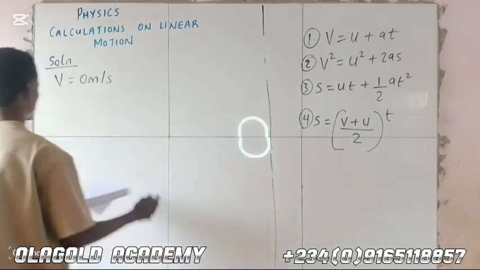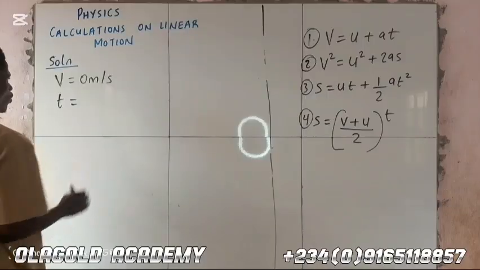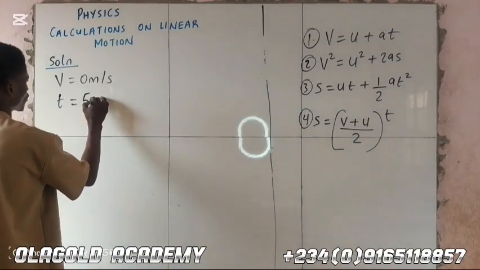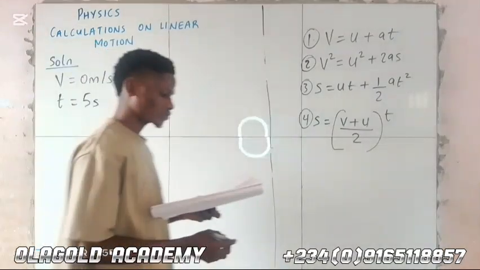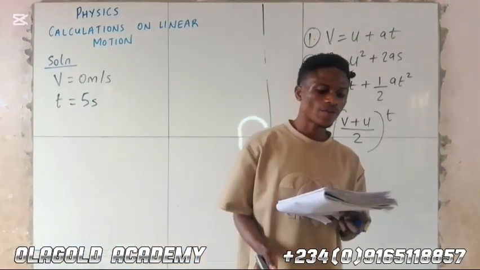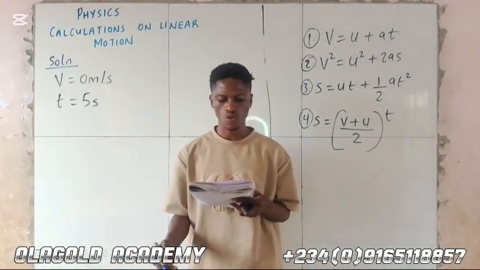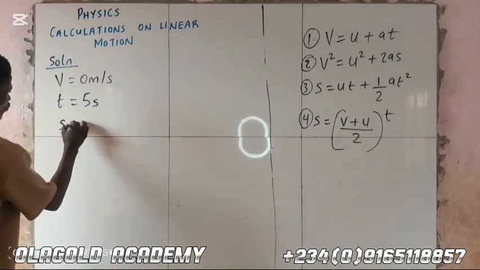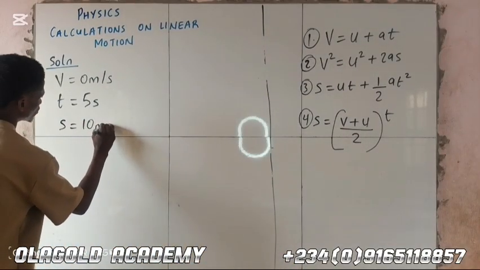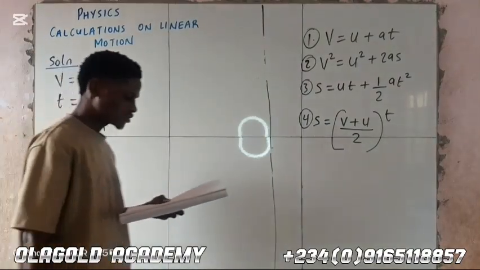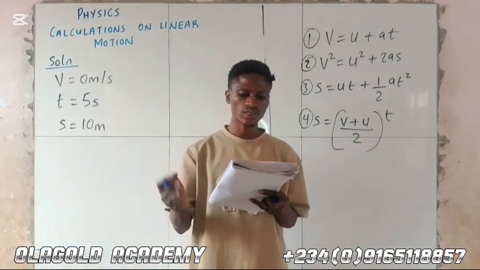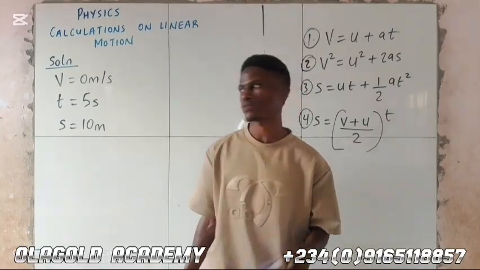It comes to rest in 5 seconds, so the time taken for the retardation or deceleration is 5 seconds. After traveling a distance of 10 meters, so distance equals 10 meters. The question says, what is its initial velocity?